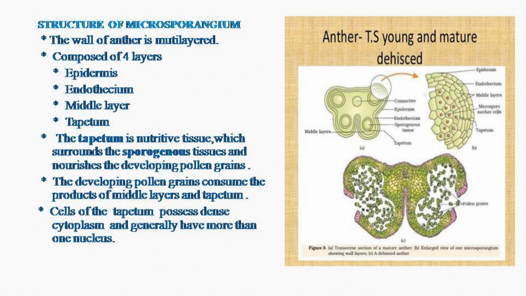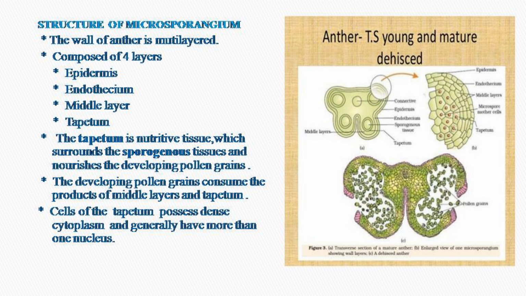It is composed of four layers. As shown in the picture, the outermost layer is the epidermis, and then comes the endothecium. Inside the endothecium, you can see the middle layers. A few layers are there. After that, you can see the innermost layer, the tapetum.